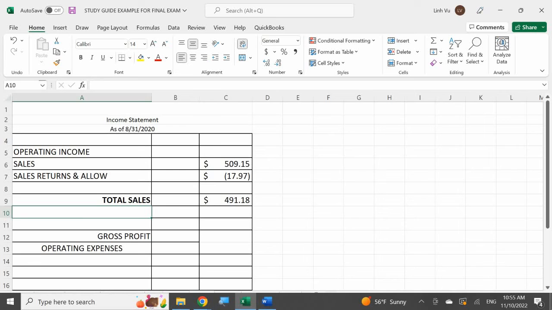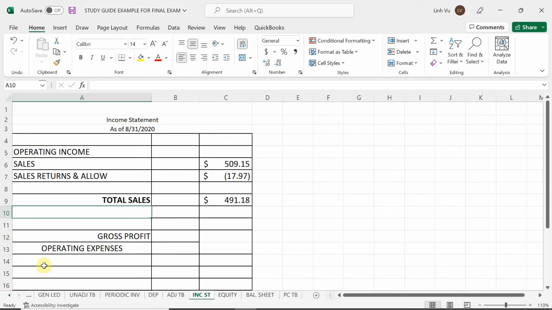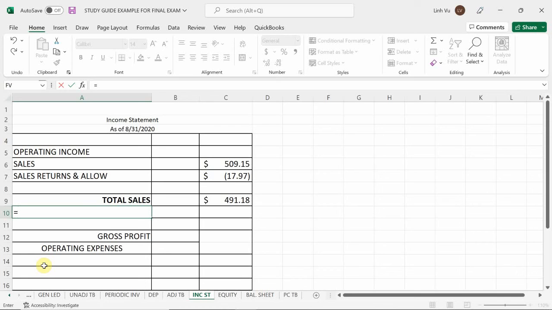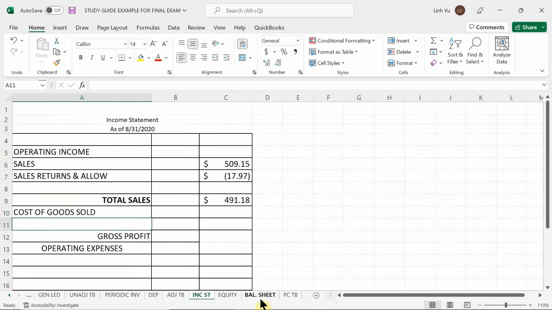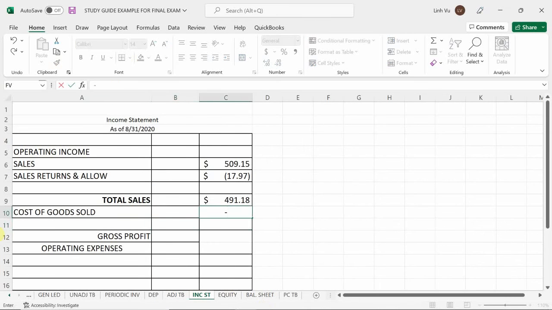Cost of goods sold. Because if I sold 82 cups, even though I sold it for $5.99, how much did it cost me to sell it? That is a direct cost to your sales.